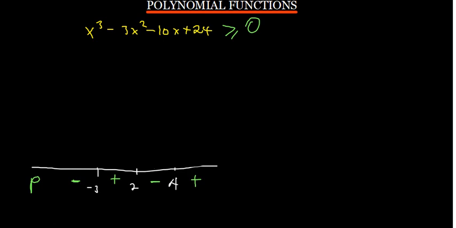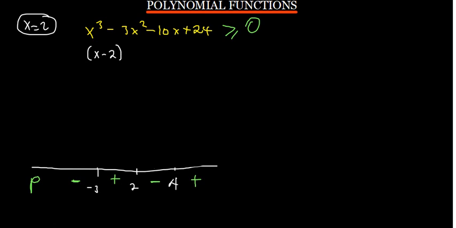The first thing that you do is factorize this. And how do you factorize? First, use the trial and error method. Look for a number that you can put into this function for it to get 0. And we have already seen that 2 is a number that you can put in this function to get a 0. So x is equal to 2. To write it as a factor, I'll write it as x minus 2.